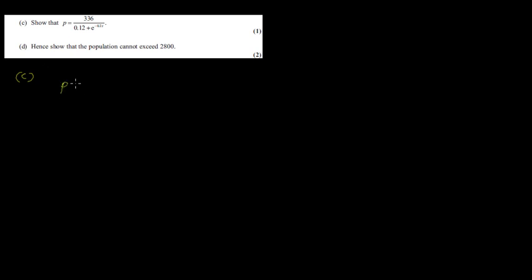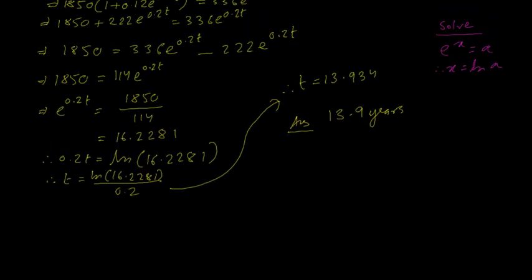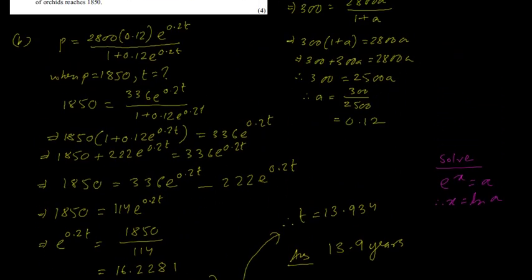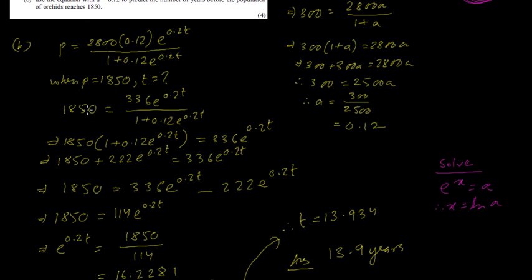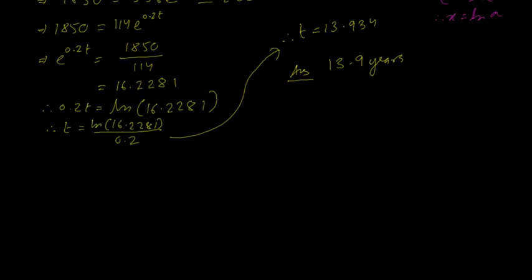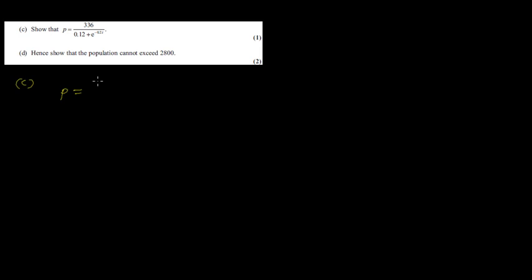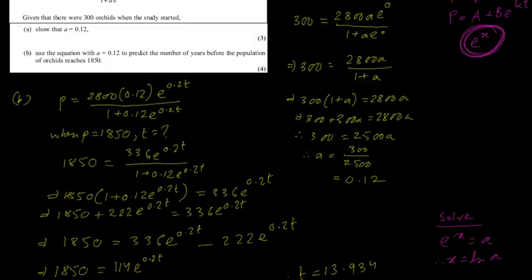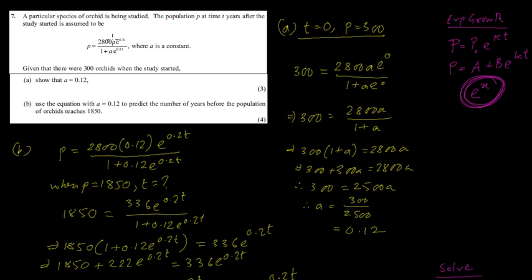So the original question was P equals 336 e to the power 0.2t divided by 1 plus 0.2 e to the power 0.2t. So this is what happens if you put the value of a equals 0.12 in the original expression. This is what you get.